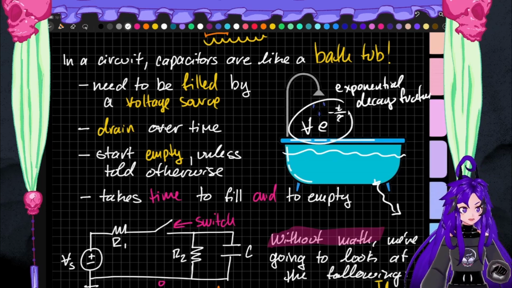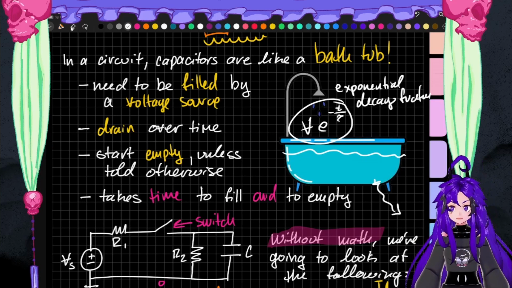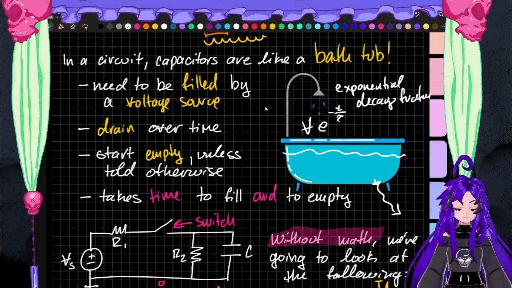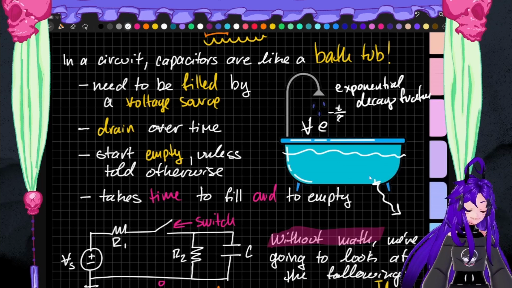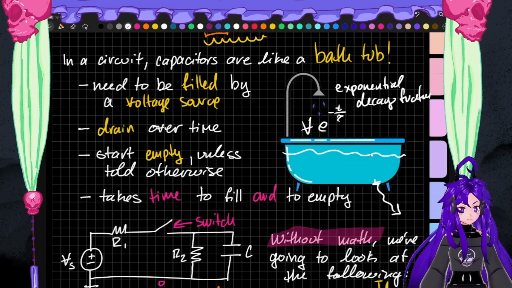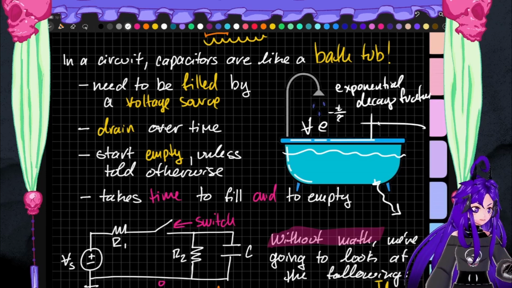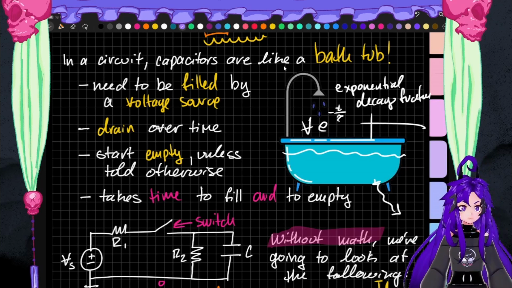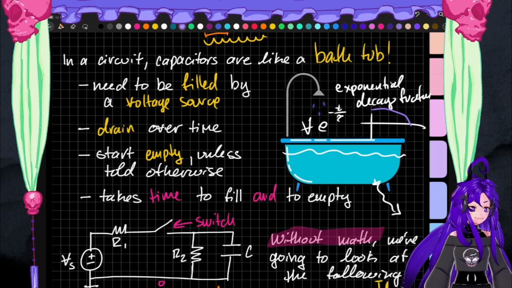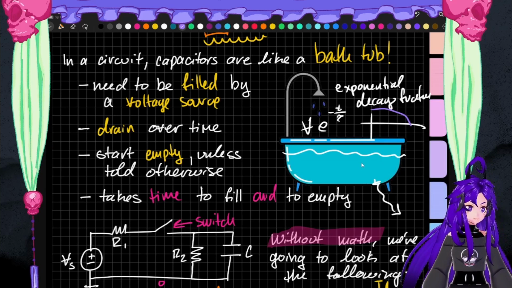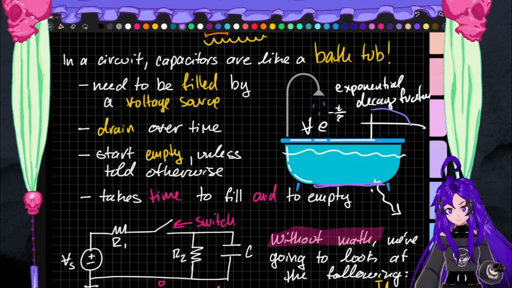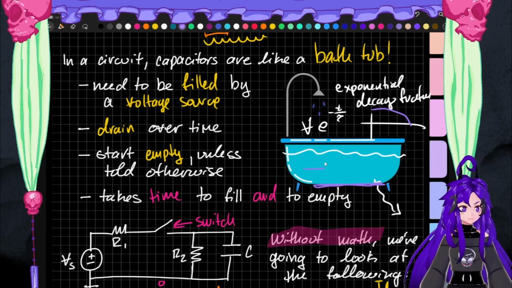And we're not going to think about this any further this week. But bathtubs and capacitors drain using the same math, a very similar graph, a graph that looks like that. With enough time, the bathtub empties completely, and it's dry. Same thing with a capacitor.